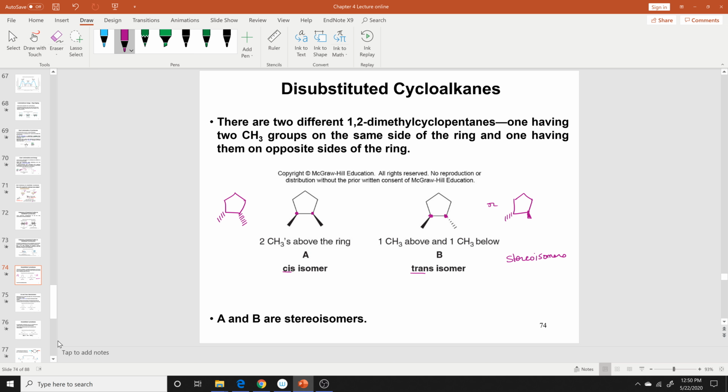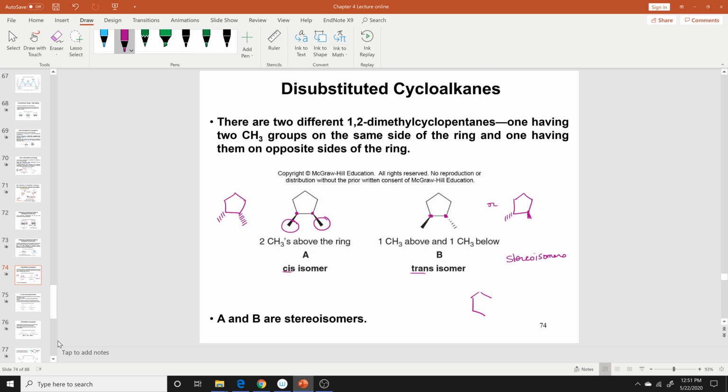The cis and trans is another type of stereoisomers where now we are looking at two groups on the cycle. And the two substituents can be either on adjacent carbons or on different carbons in the cycle. It doesn't matter.